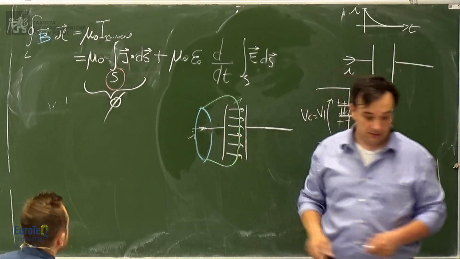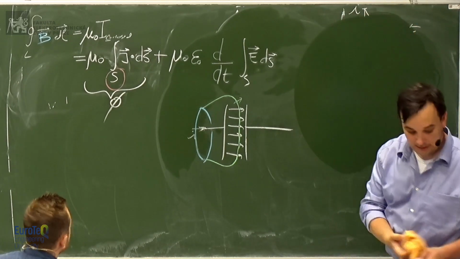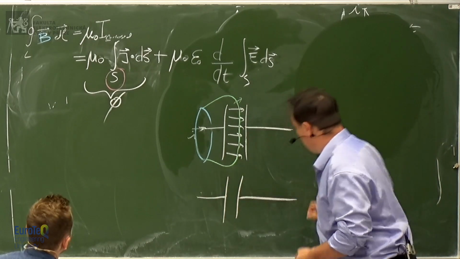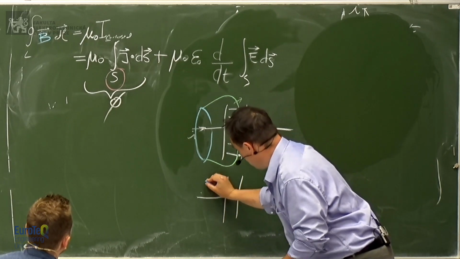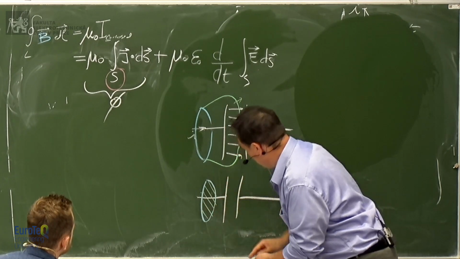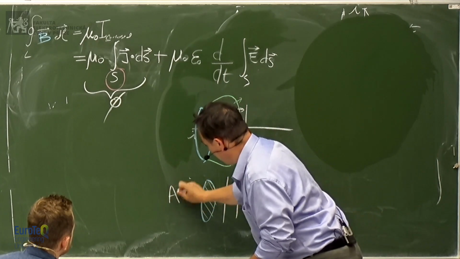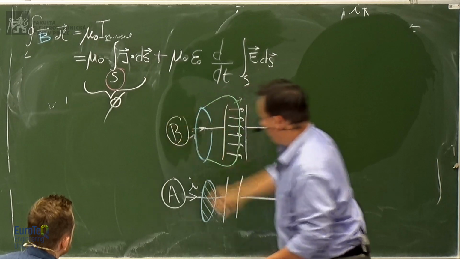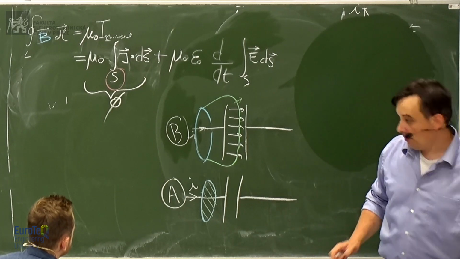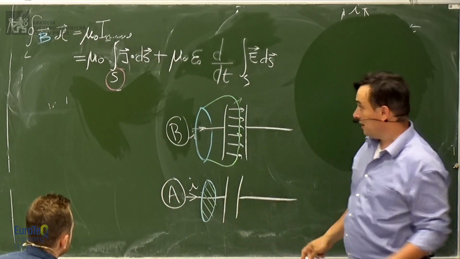So in the first condition, let's draw both cases, and call them case A and case B. In this case, you have the current, so you have the magnetic field generated by the flowing current.